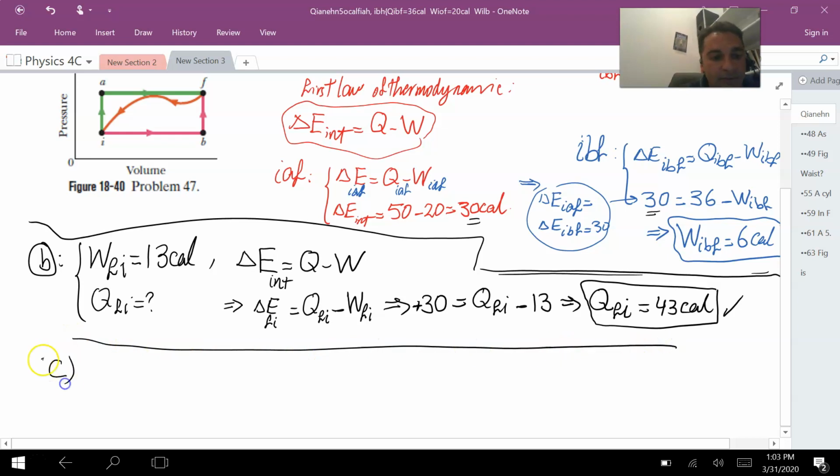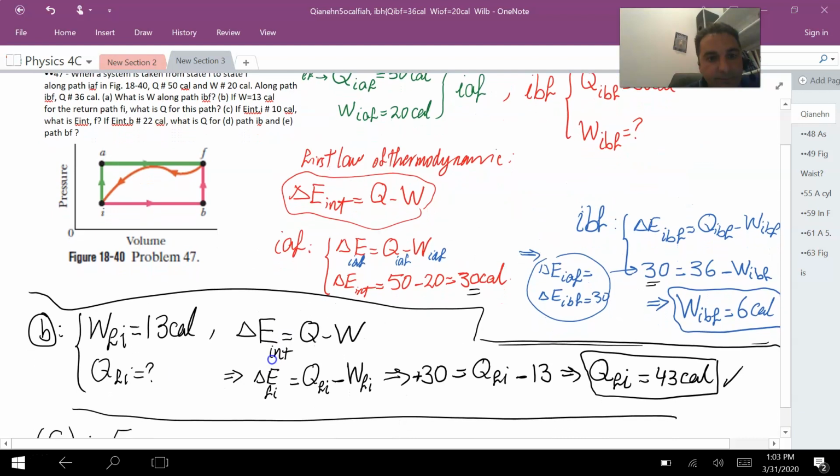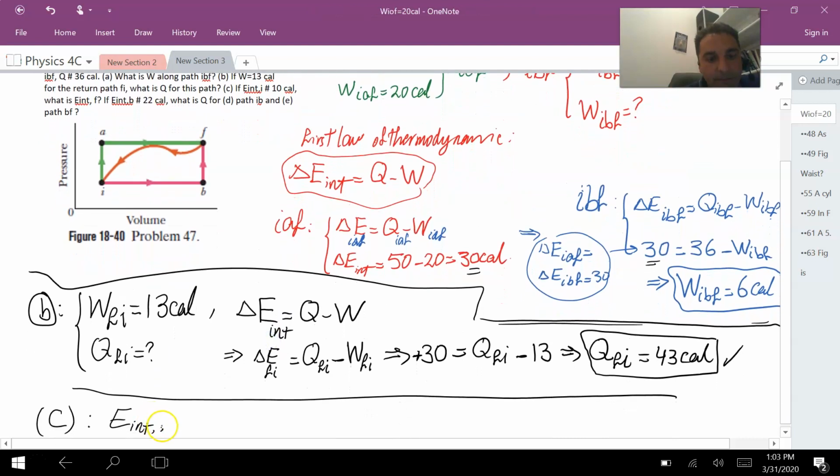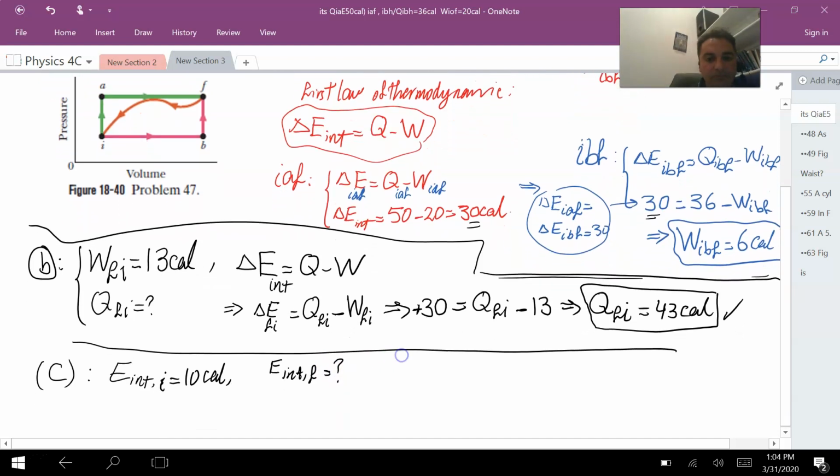So part C says this: if E internal at point I is 10 and E internal at point F is unknown. Yeah, okay. What can I say?